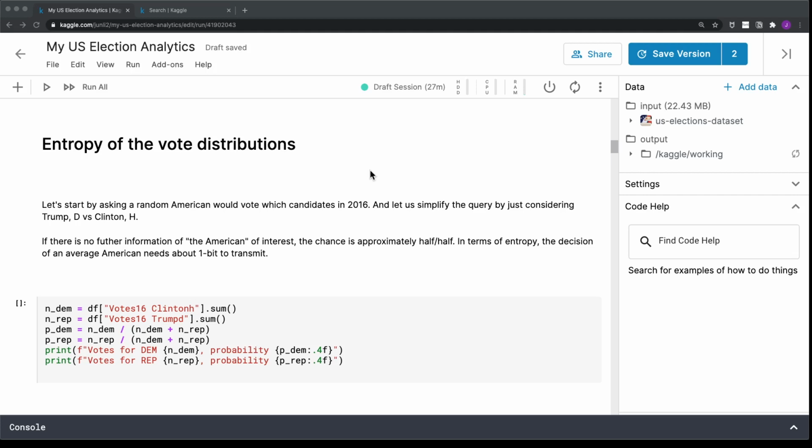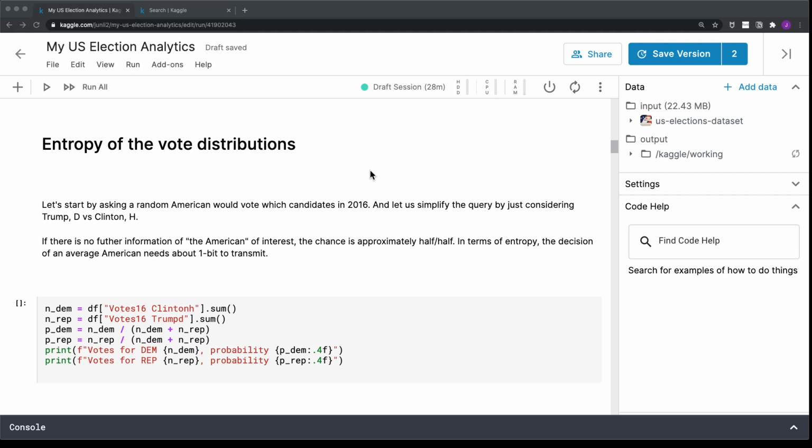So we will look at how much uncertainty there is in the result of the election, and how we can remove that uncertainty as much as possible by step-by-step analysis of the information that is available.